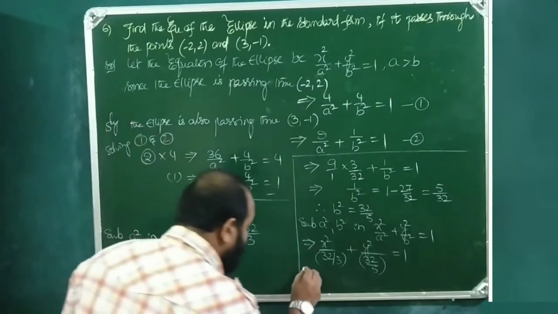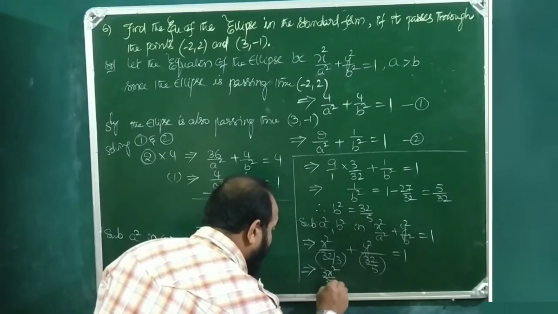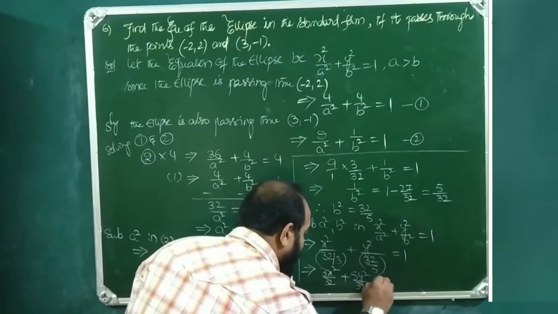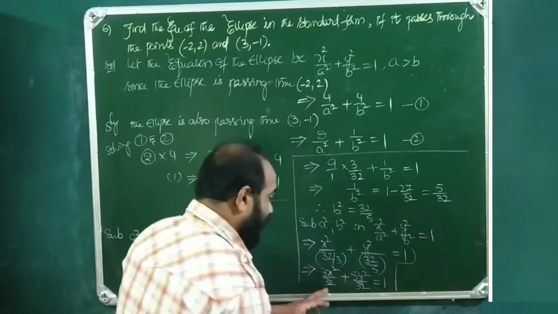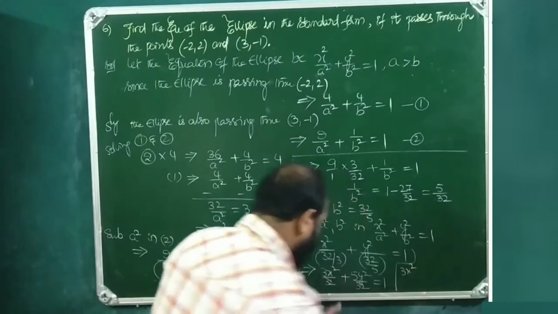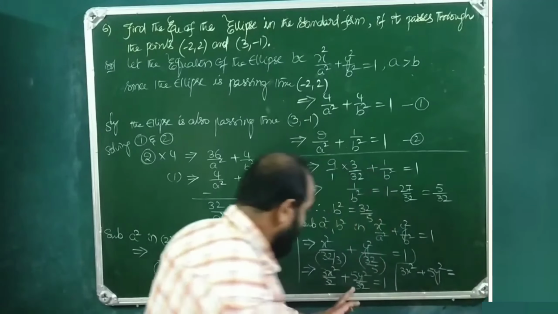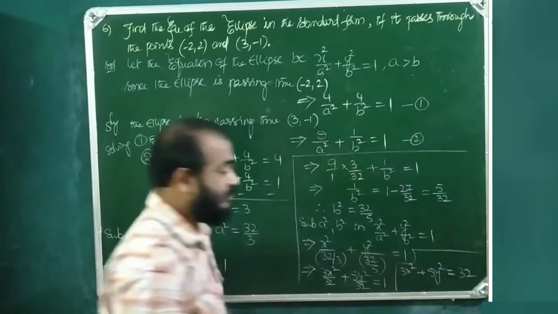So this is equals to 3x square by 32 plus 5y square by 32 equals to 1. Therefore, 3x square plus 5y square is equals to 32, is the required equation of the ellipse.